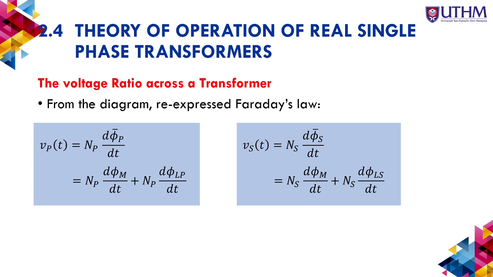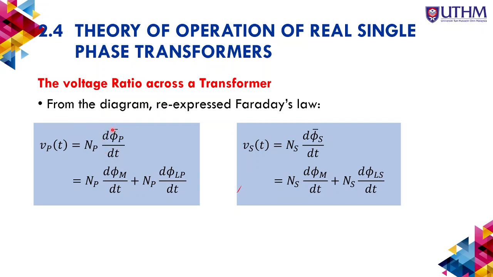So this is the voltage ratio across the transformer. Where is the picture? So yeah, wait, I'll try to get the highlight. Okay, so from here the VP is like an induced voltage.